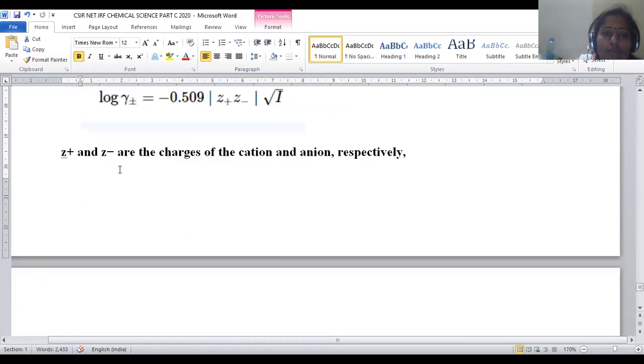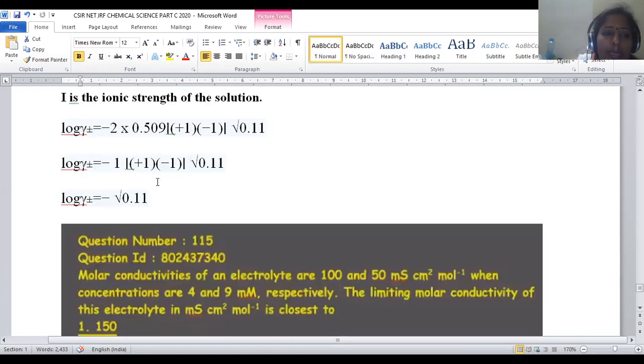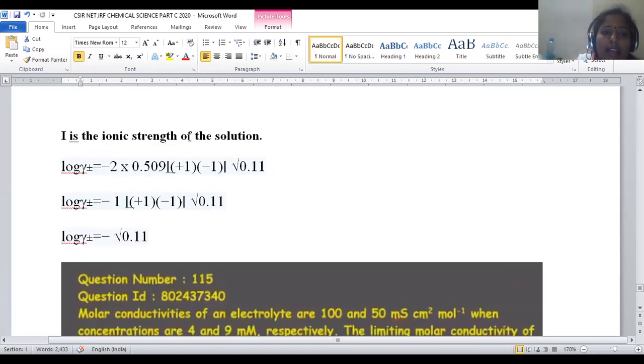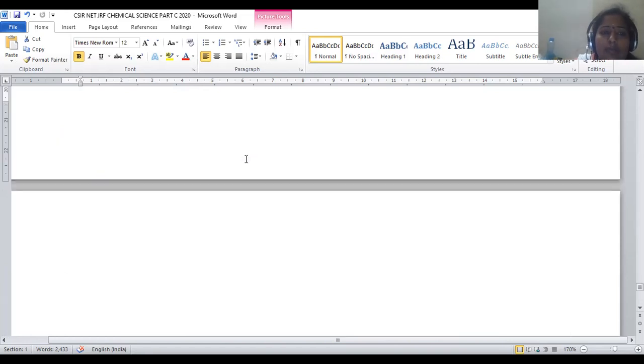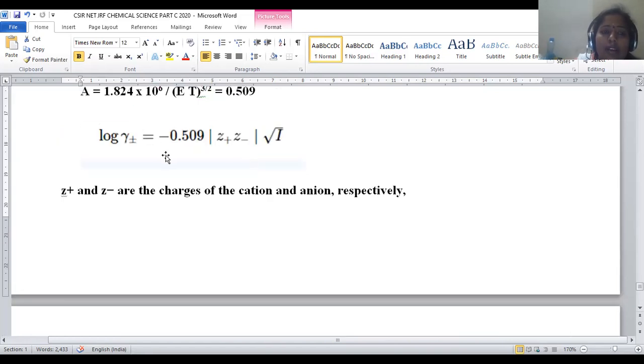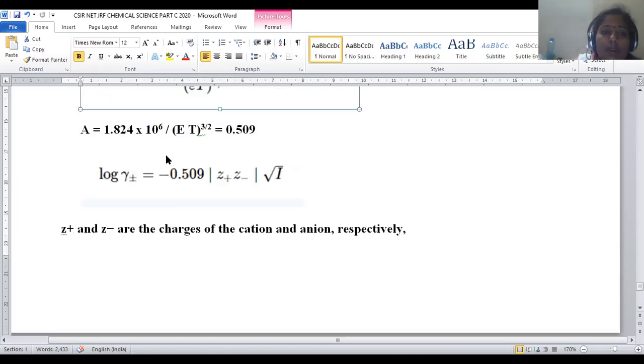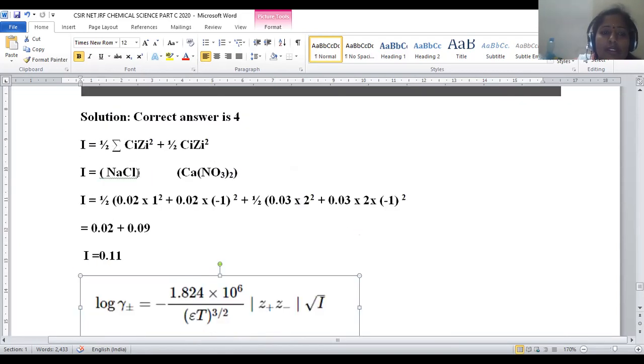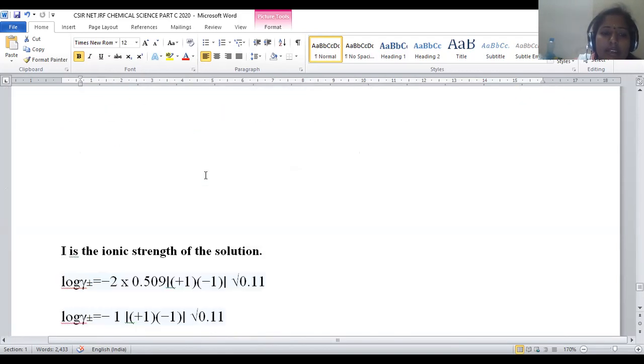Z plus and Z minus denote what? Charge present on the cation and charge present on the anion, right? Now we are taking I as the ionic strength. Here, how many molecules are provided? One is sodium chloride, another is calcium nitrate.